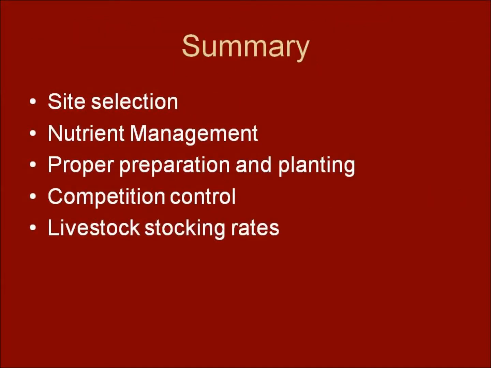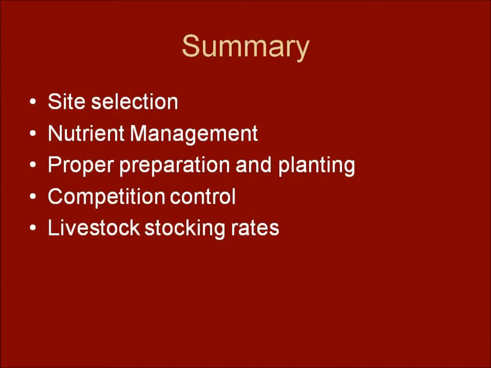So in summary, these are the things that we're most concerned with when we're trying to establish a pasture grass or a hay meadow grass. And that's, first of all, site selection. We need to pay close attention, again, to nutrient management. We need to get those soil tests done to determine how much nitrogen, phosphorus, and potassium we need to put out to give that grass the best chance of growing there on the site that you've selected.